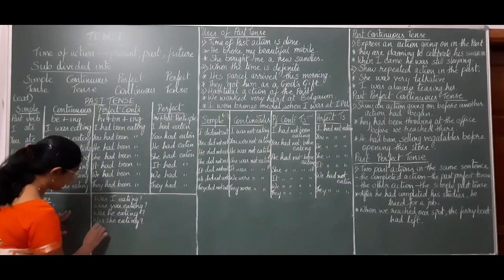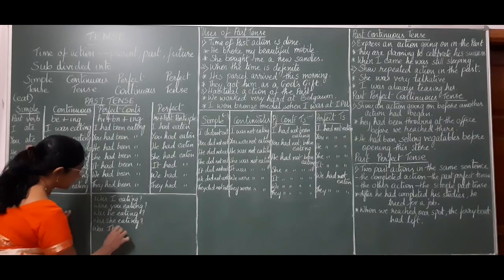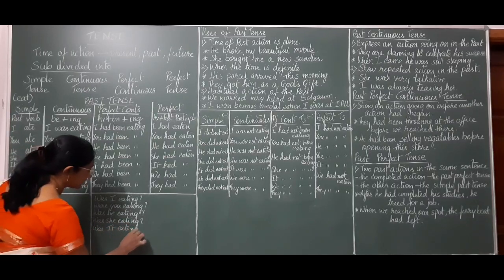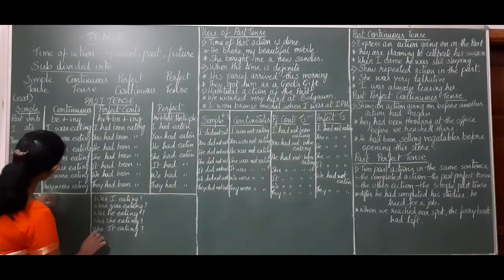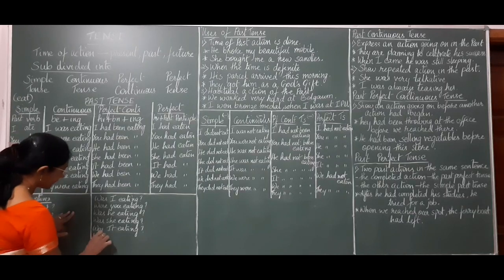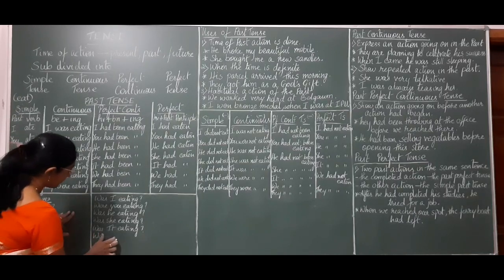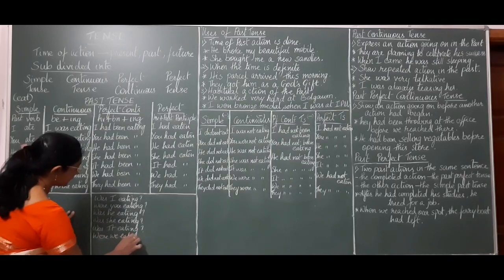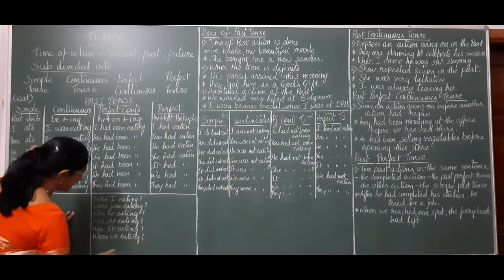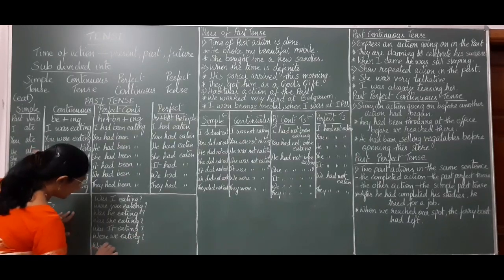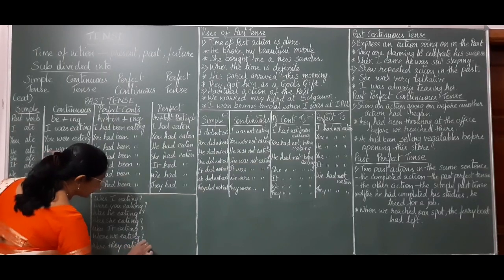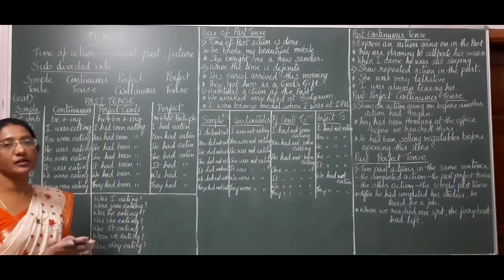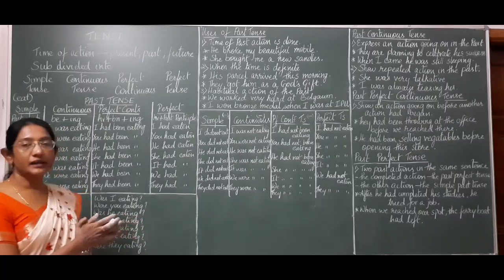It, was it eating? For the first person in the plural form, were we eating? Third person in the plural form, were they eating? This was all about the positives in the interrogative.